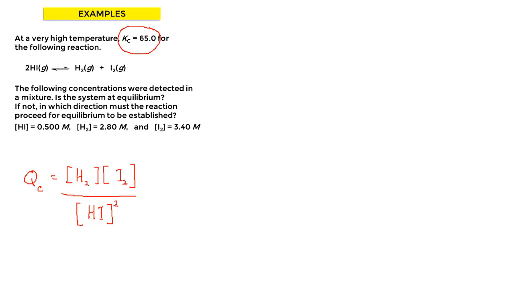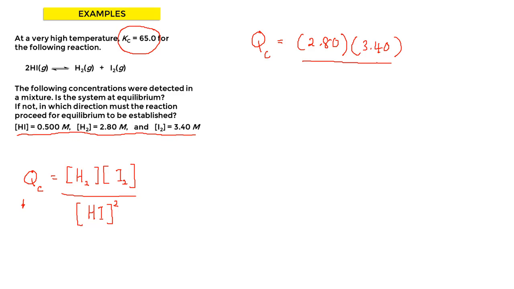Okay, so how to calculate Qc? We will use the concentrations given at a given instant. This is not the initial concentration now. This is when the system already has all three species, but we do not know whether it has reached equilibrium or not. So what do we need to do? We already have the concentration information, so we substitute here. Qc equals the concentration of hydrogen gas, 2.80, times the concentration of iodine gas, 3.40, divided by the concentration of hydrogen iodide gas, 0.500, to the power of 2.